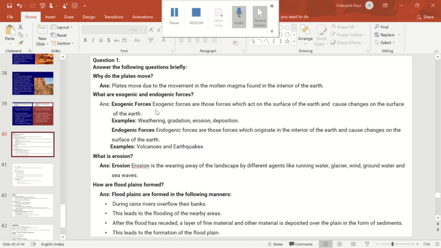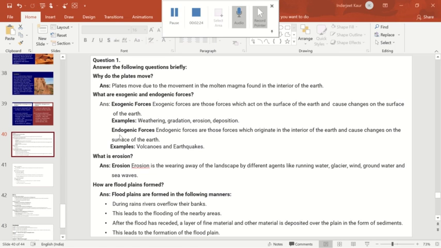Means these are the forces which are working from outside of the earth, and they are changing the surface of the earth, like erosion, deposition, weathering and gradation. These are the various forces which are working on the surface of the earth.